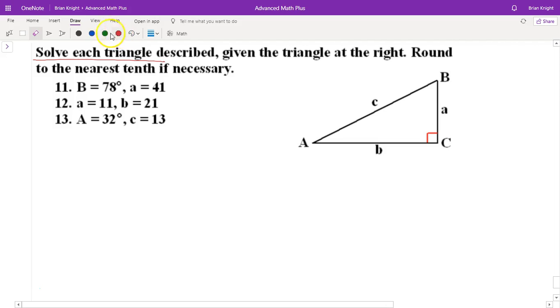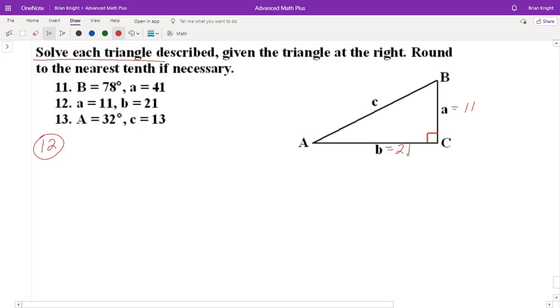All right. So for number 12, it says A is 11 and B is 21. Would you start off with Pythagorean Theorem? I don't have to, but I am.